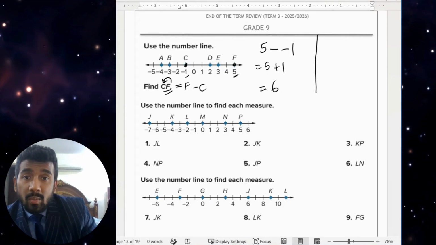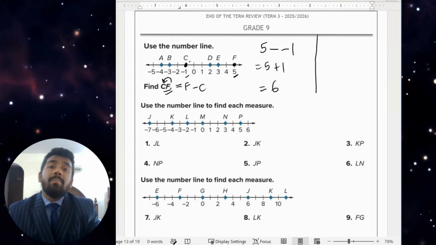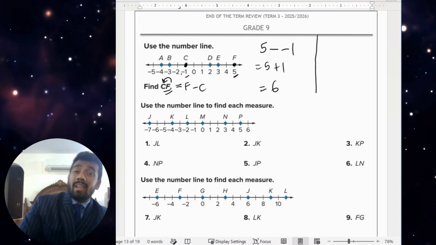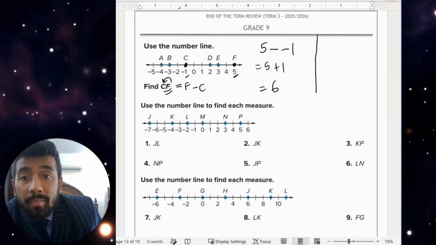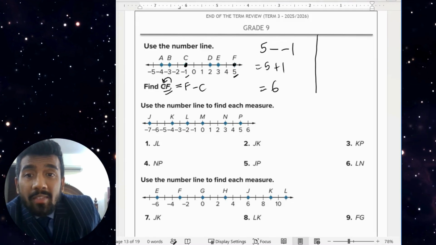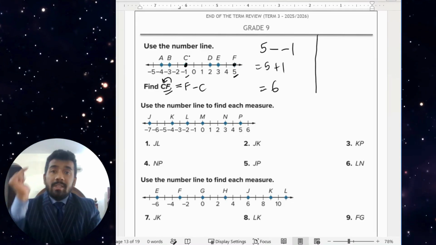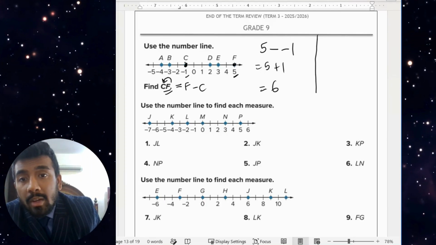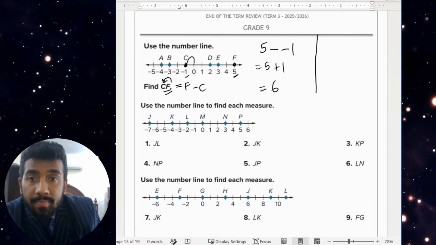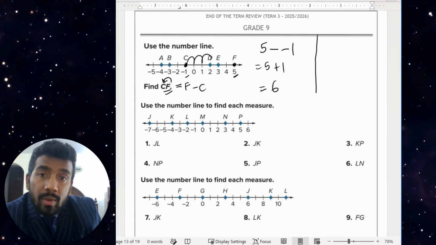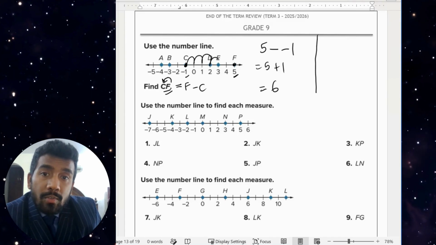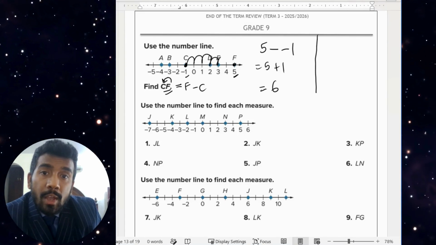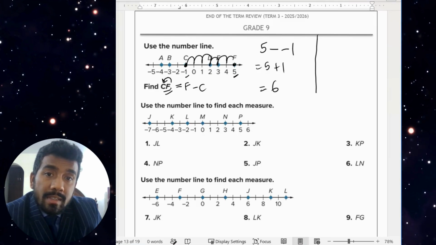And I'll give you another way also. That's the baby way. If you want to do it in that way, I have no problem. Now, to find CF, just count the distance from C to F, step by step. Look at my mouse. 1, 2, 3, 4, 5, 6.